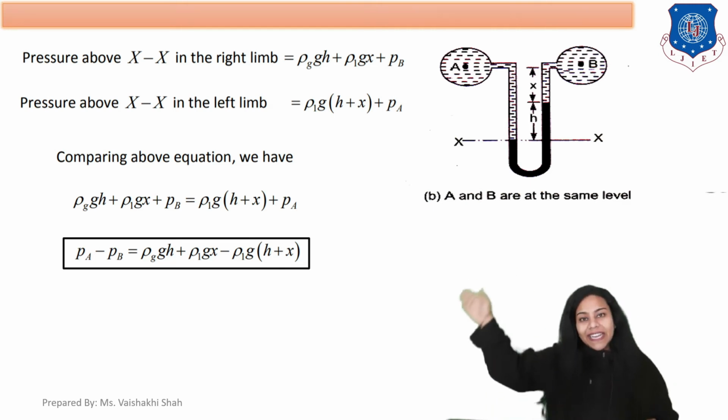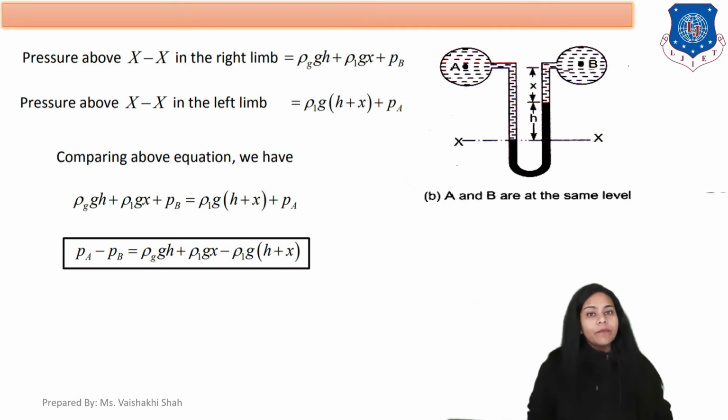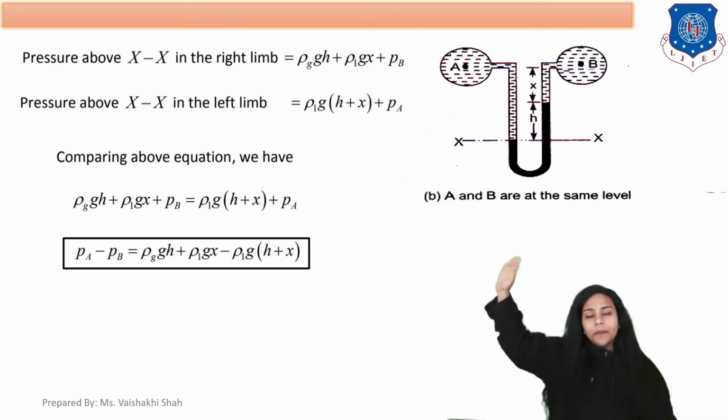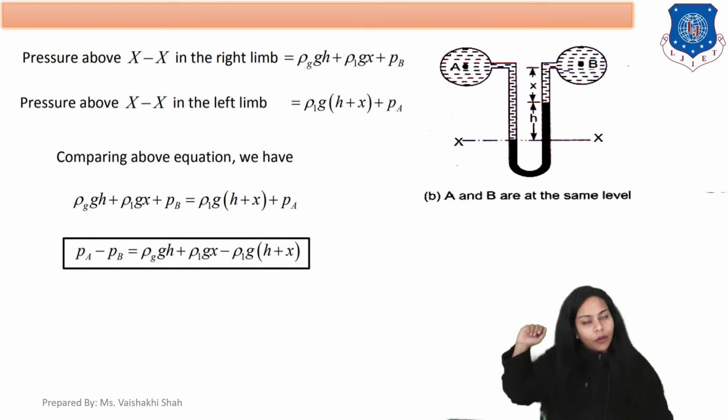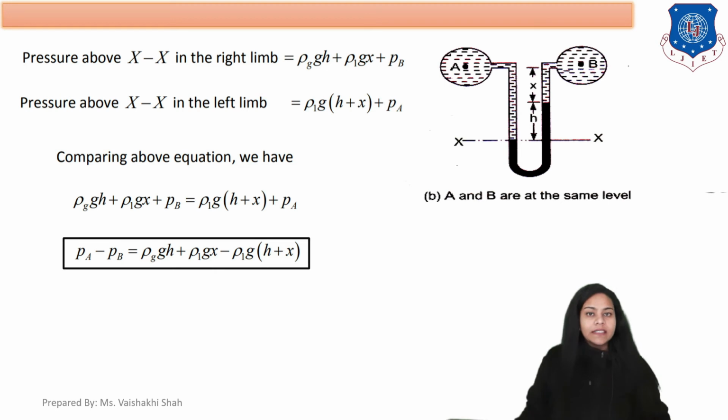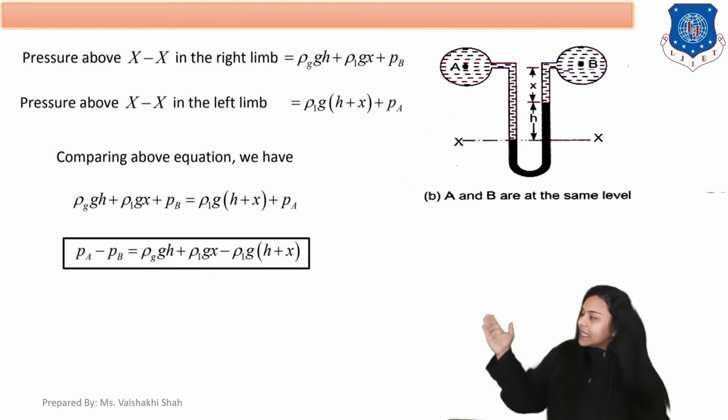So it indicates that there is the same fluid in pipe A and pipe B. In this derivation, you can also take rho 2 in place of rho 1. You can take different densities or you can take the same density.